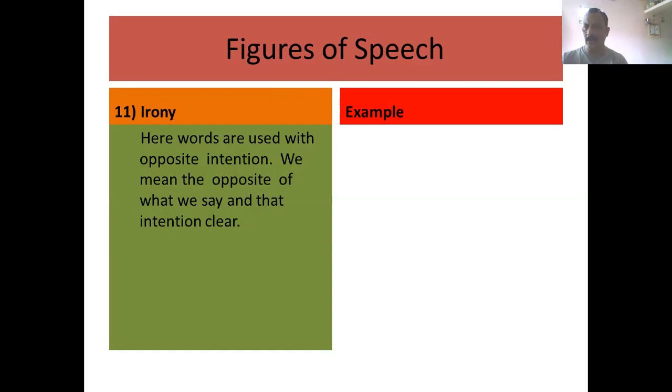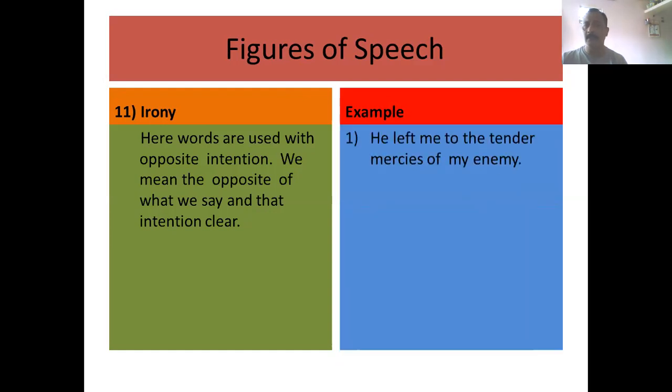The teacher says, oh, come in, you are welcome. Here the teacher says the opposite of what he intends. So the intention is different and the saying is different. Quite the opposite is said there. At that time it is called irony.